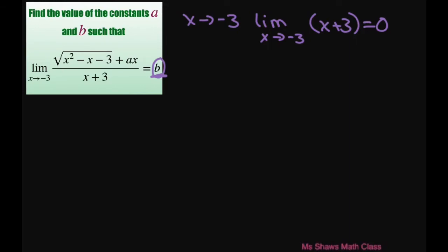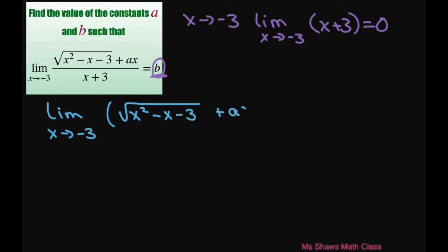So we're going to set the limit as x approaches -3 of our numerator, square root of x squared minus x minus 3 plus ax, equal to 0, since we have a constant b.